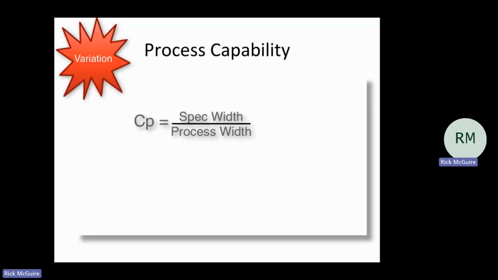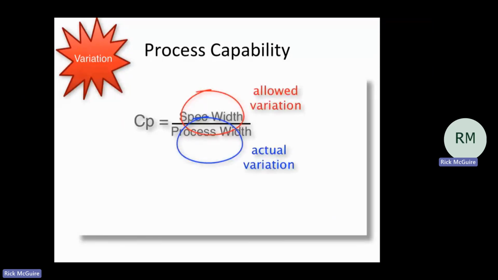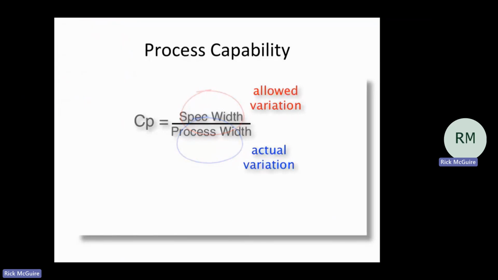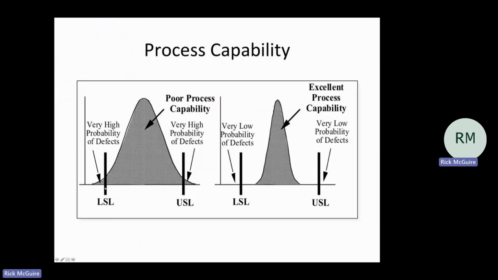It compares the variation that I'm allowed to have in my design with the variation that I actually have in my process. Looking at this graphic here, we can think of the lower and upper specification limits as containing all of the allowed variation for a design. That's our specification width. The bell curve here represents the distribution of the actual products made on the line.